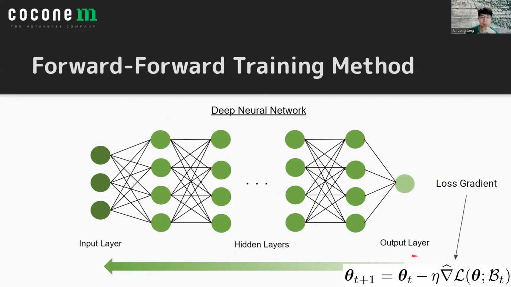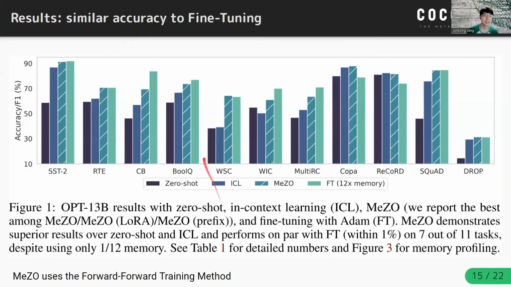But using MeZO, you can just update the parameters independently of each other, because you don't need to compute the loss gradient here to compute the loss gradient here, and so on, if you use MeZO. So here are the results.